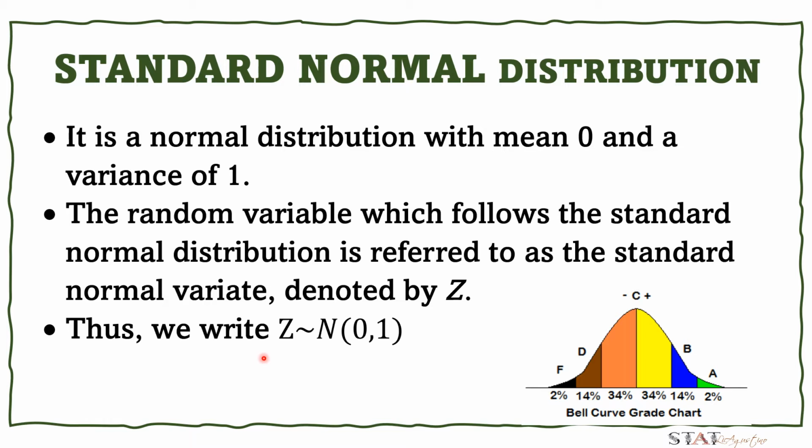Thus, we write in this mathematical form that Z is approximately normal with mean 0 and a variance of 1. Since each normally distributed variable has its own mean and standard deviation, as stated earlier, the shape and location of these curves will vary.